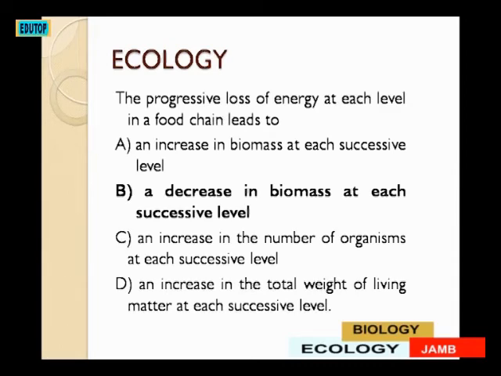Looking at this, there is no increase, it is a decrease, because the number of organisms is decreasing. 150 grasses being eaten by 50 grasshoppers, the 50 grasshoppers being eaten by 7 lizards.